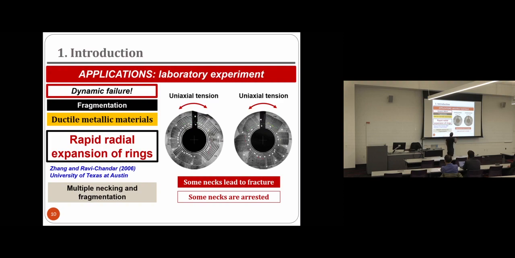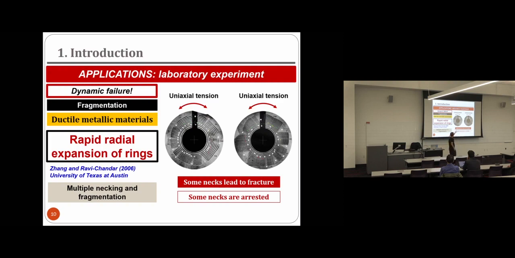So what we observe is that this ring is being expanded, as I mentioned, at high velocity, and at some point we observe the nucleation of multiple necks, and some of these necks develop into fractures, eventually leading to the fragmentation of the specimen. So this is one case, and this is another experiment. This is a very classical test because the specimen is subjected to uniaxial loading.